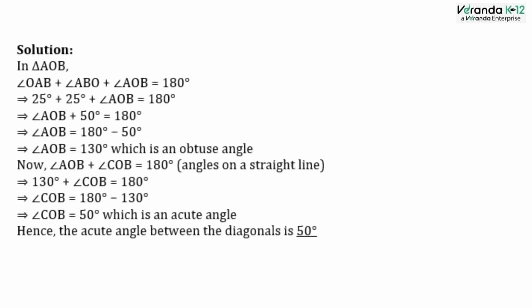Now, the sum of angle AOB plus angle COB is equal to 180 degree since they are linear pair. Upon solving this, we will get angle COB is equal to 50 degree. Therefore, the right answer is option B, 50 degree.